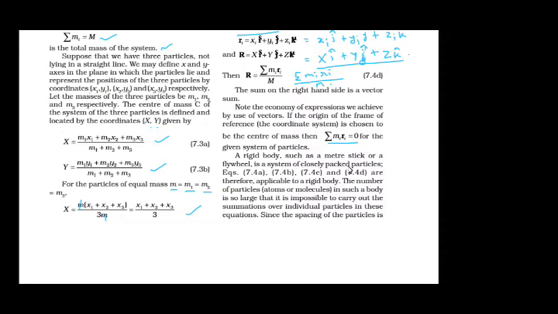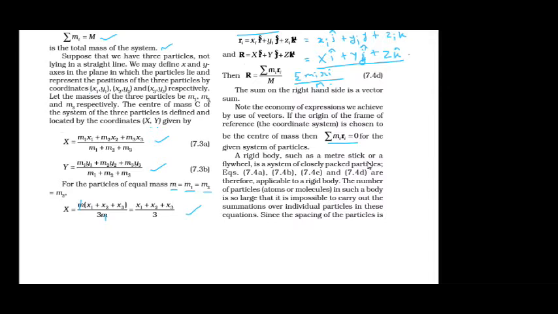A rigid body such as a metal stick or a flywheel is a system of closely packed particles. Equations 7.4a, 7.4b, 7.4c, and 7.4d are therefore applicable to a rigid body.